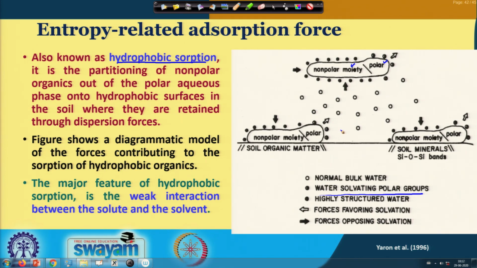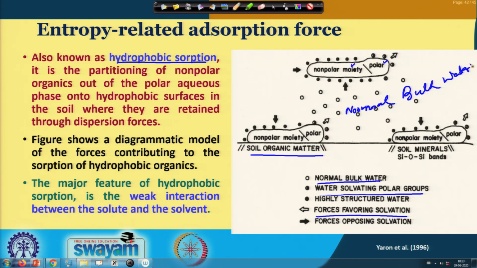Okay. Now, you can see here is the soil organic matter, the nonpolar moiety is attached, and the polar aqueous phase is facing forces favoring solvation. Obviously, the polar phase is facing the forces favoring solvation, because here the solvent is normal bulk water.